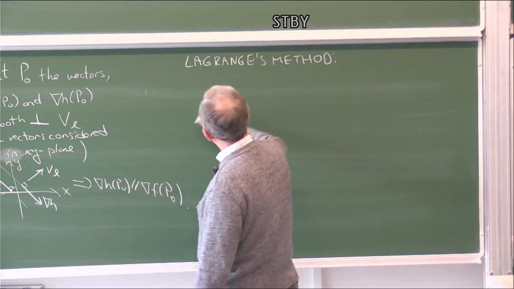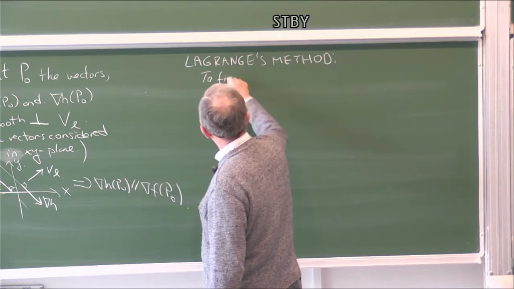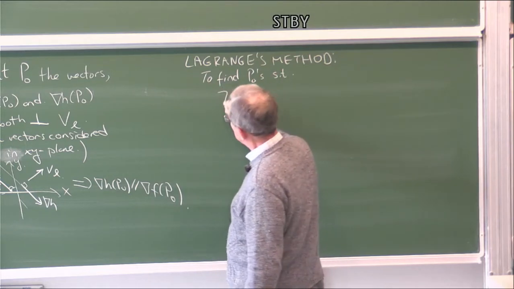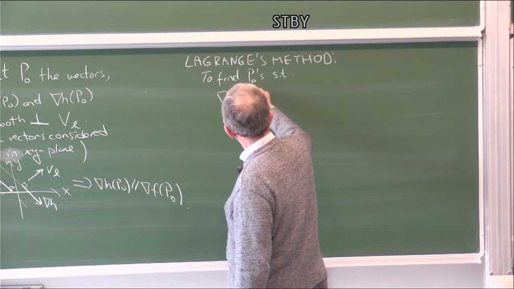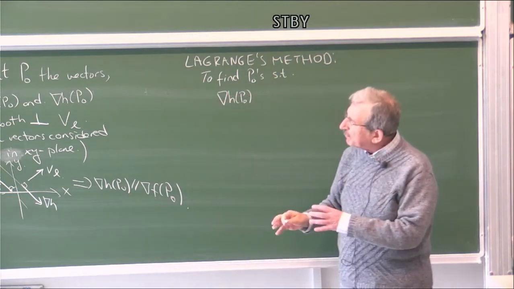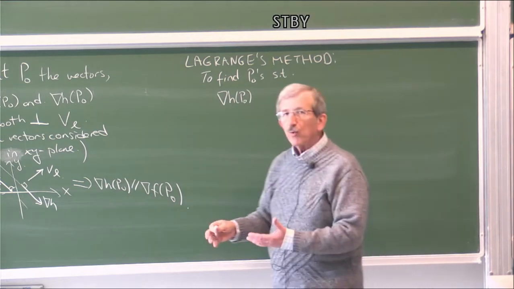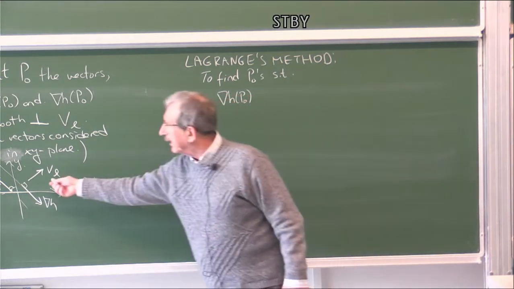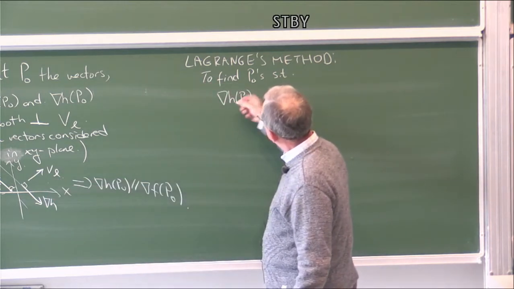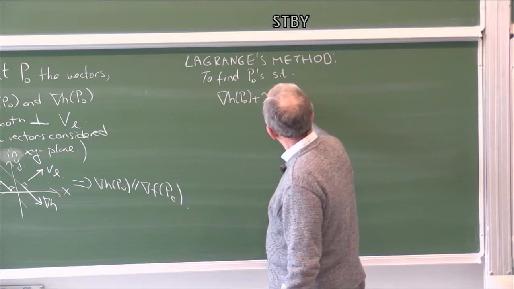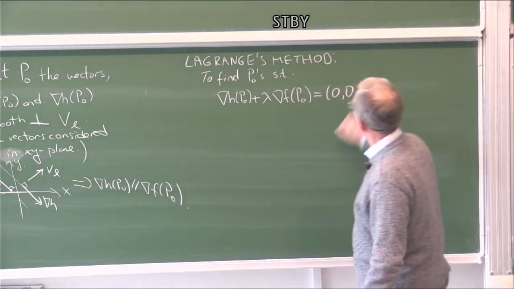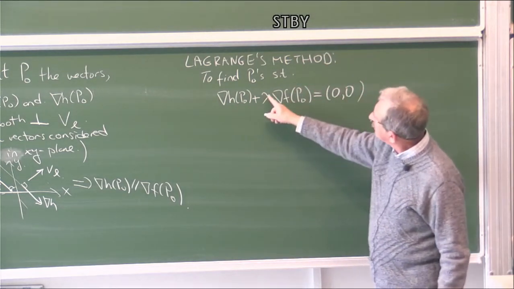To find p0s such that gradient h at p0 is parallel to gradient f, but parallelity means that one is a multiple of the other in the plane. So one vector is a multiple of the other.